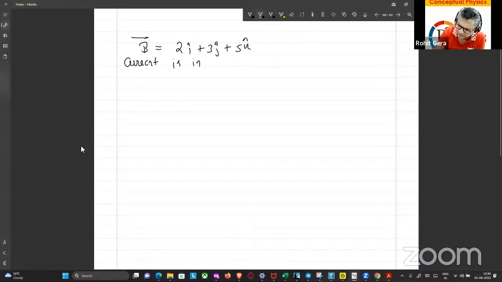Current is in j direction, and I is equal to j.